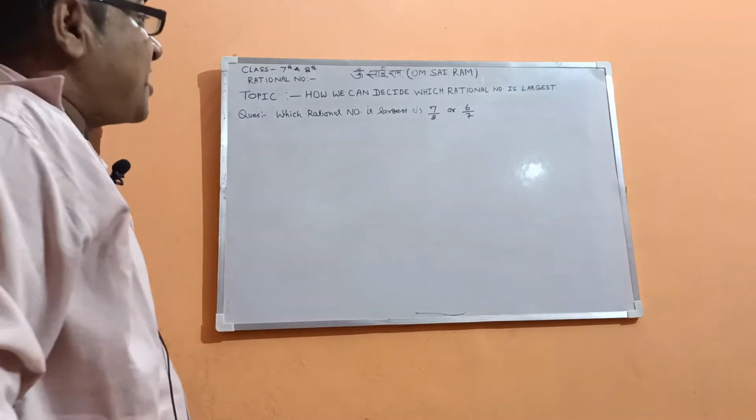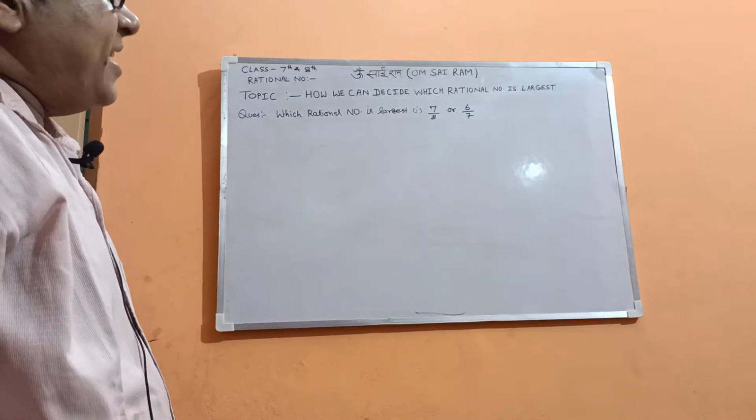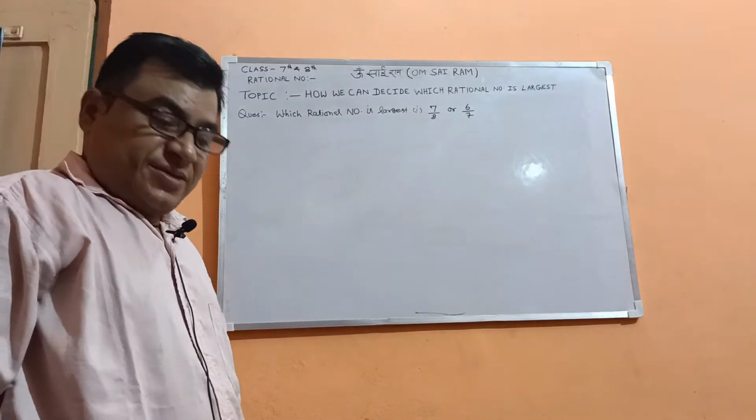Question is, which rational number is largest, 7 by 8 or 6 by 7?